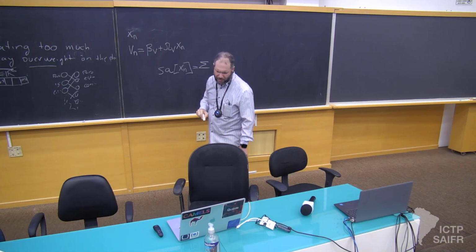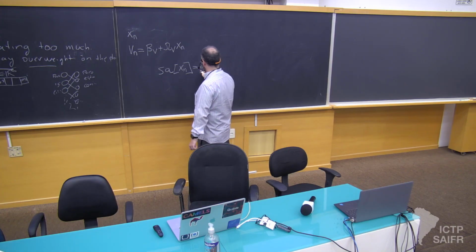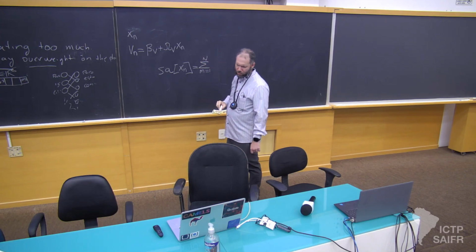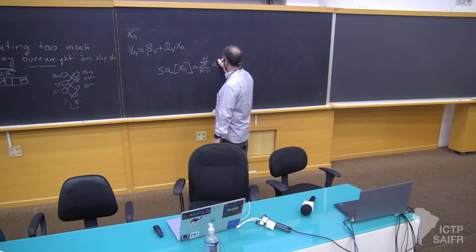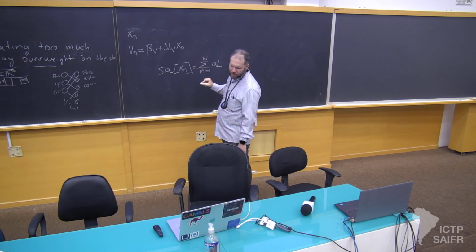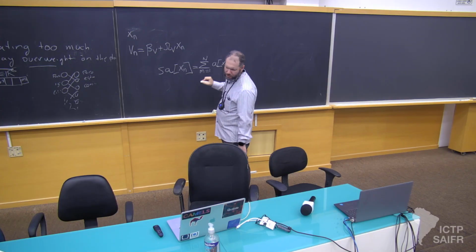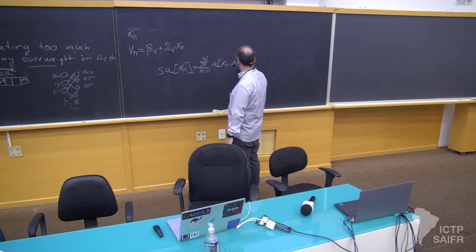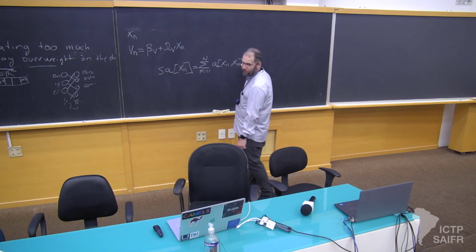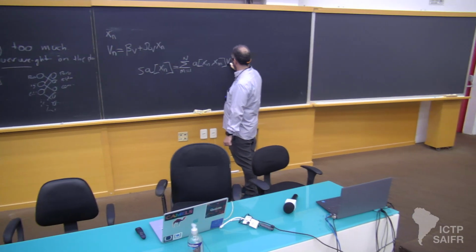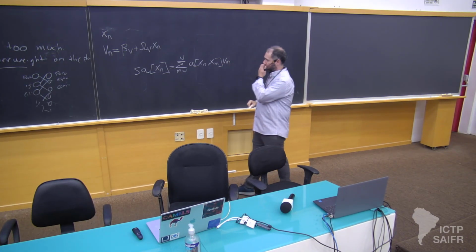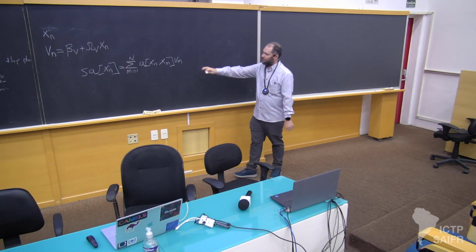It's the sum over all the words, of A, XN, XM, times BM. Okay? So let's break this down.